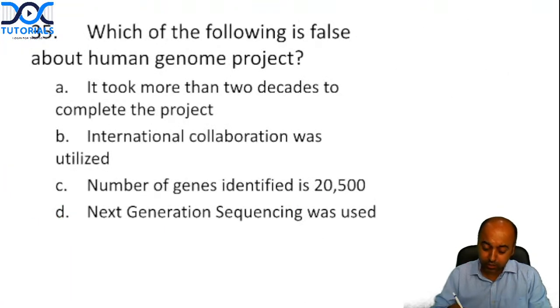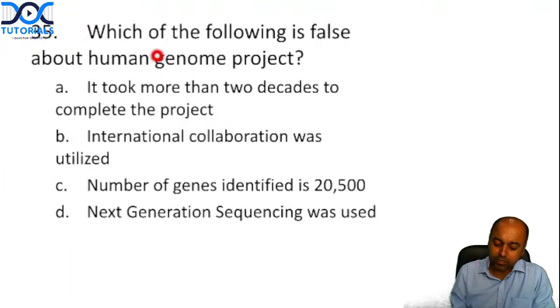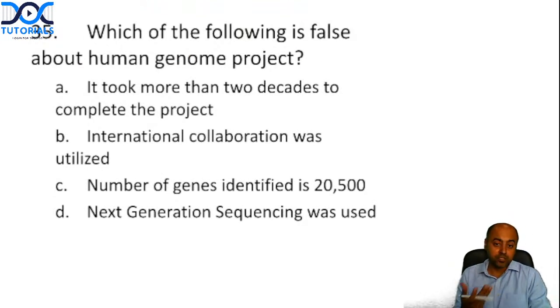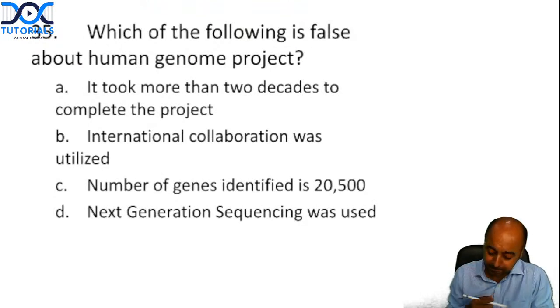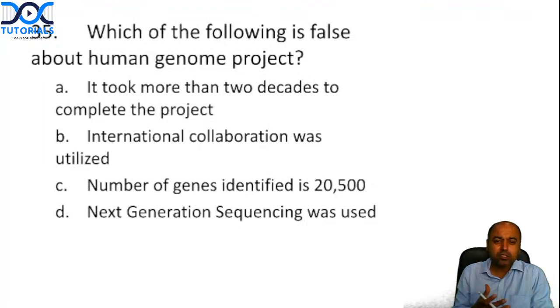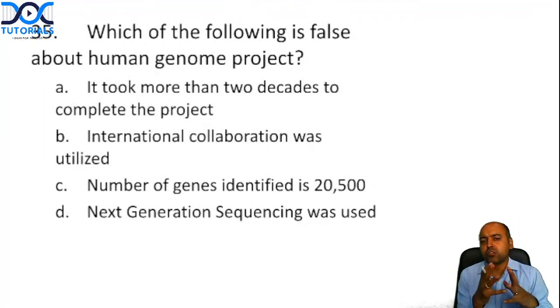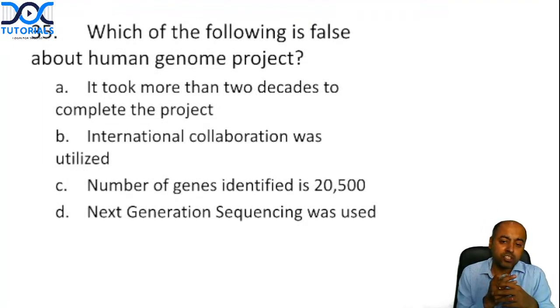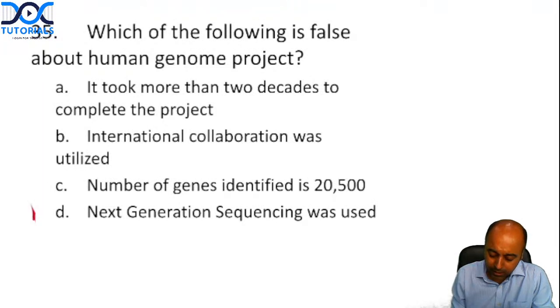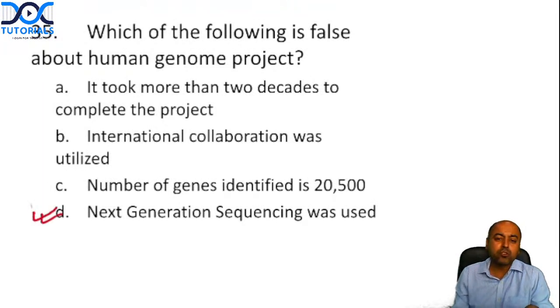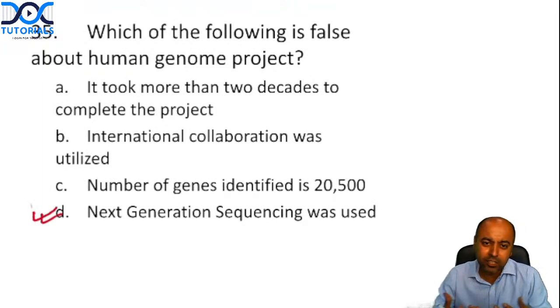And last question, which of the following is false about human genome project? This question was asked very recently. Here the options are somewhat ambiguous because it's based on recall, so we're not very sure about the various options. Among the given options, the best answer should be that next generation sequencing was used, because this is a very newer development. This is not available at the time of human genome project.